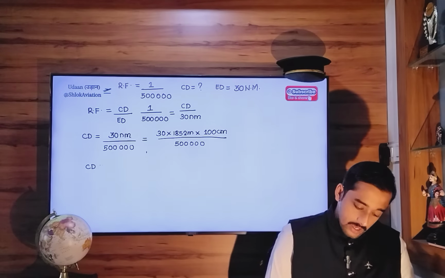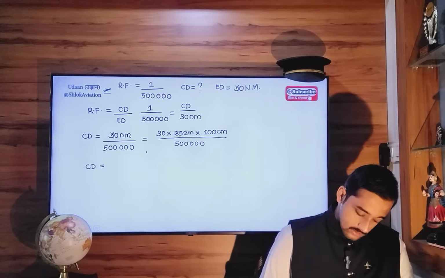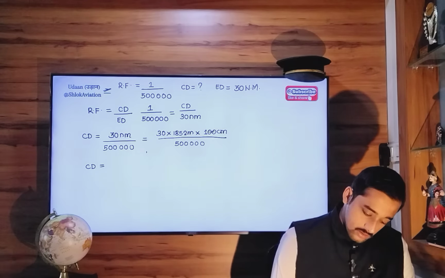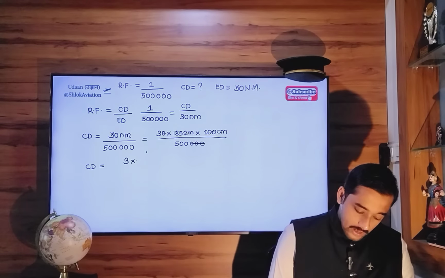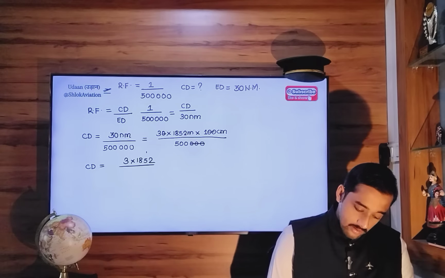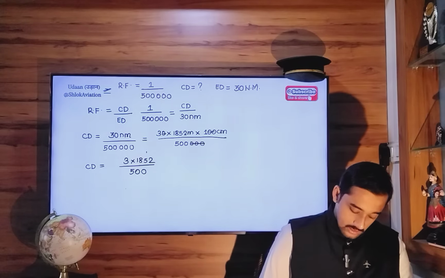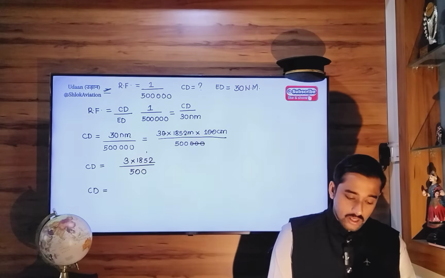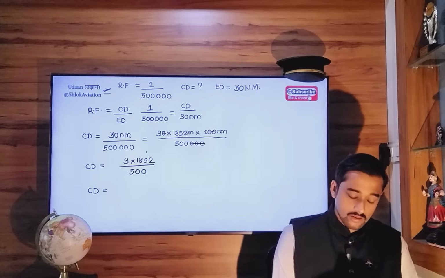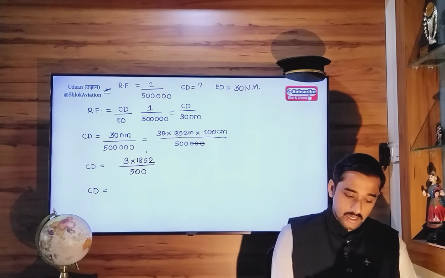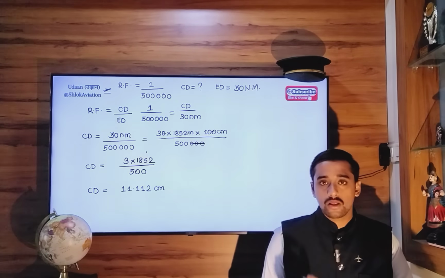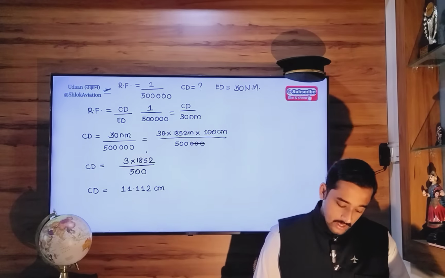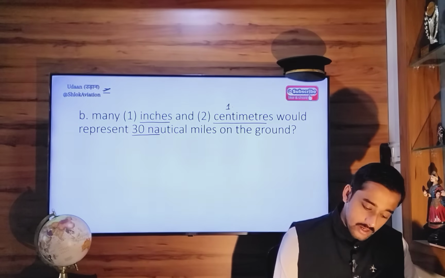So chart distance will be equal to 3 into 1852 divided by 500, which is 11.112 centimeter, or 11.11. Okay. Now this is your answer in terms of centimeters.